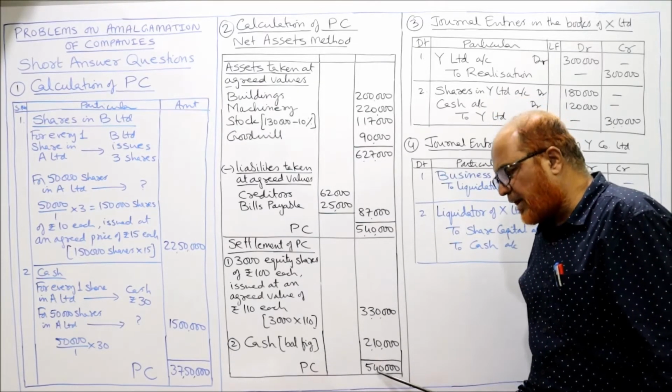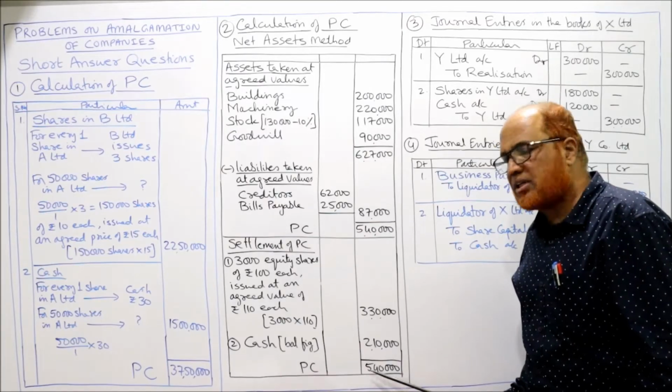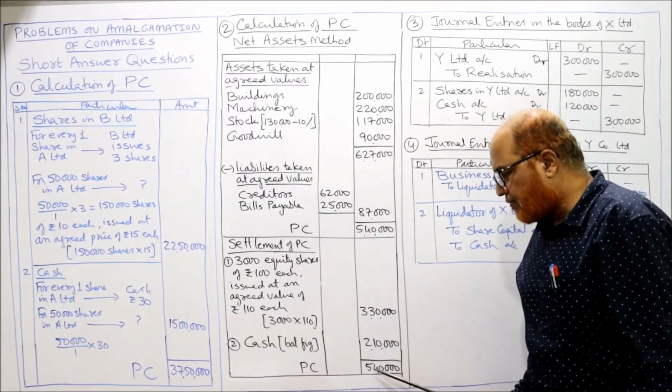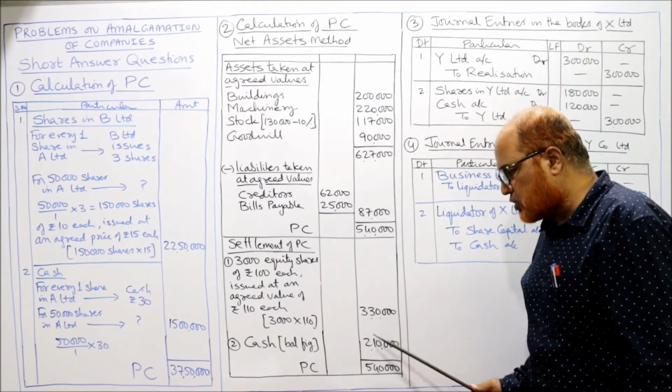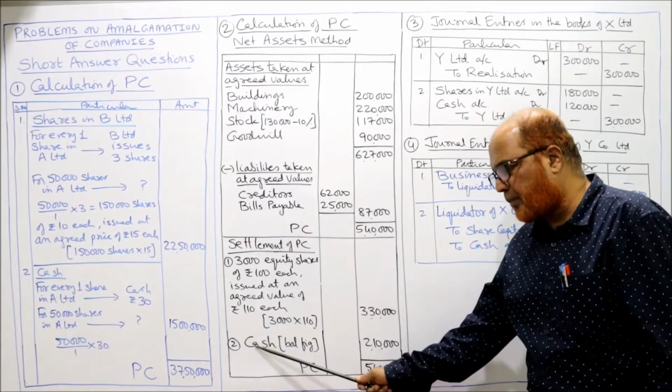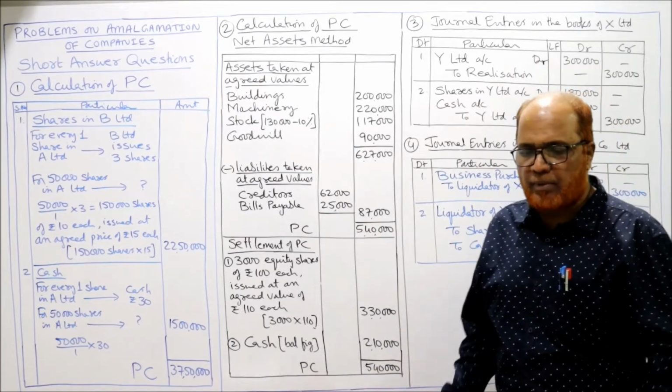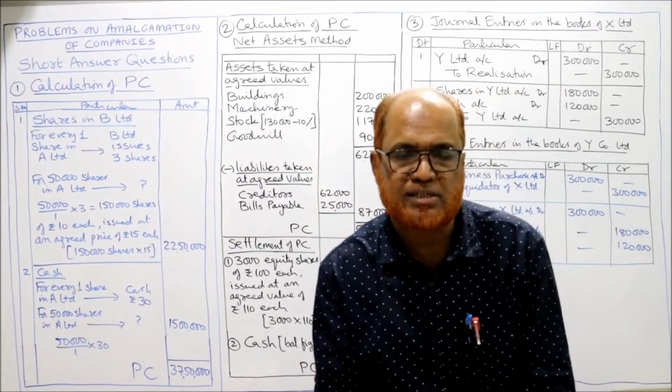So remaining 5,40,000 minus 3,30,000, balancing figure 2,10,000, will be paid in cash. This is the settlement of PC. So two problems we have done on calculation of purchase consideration.